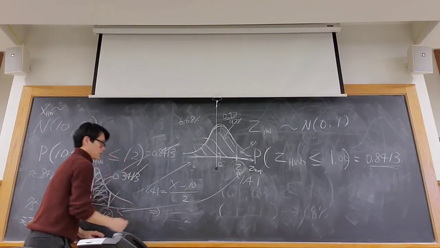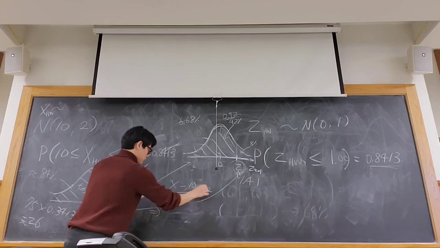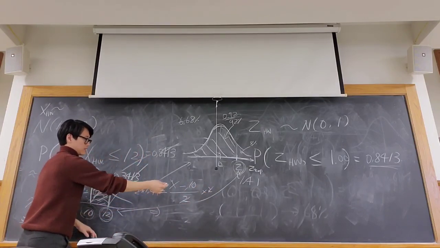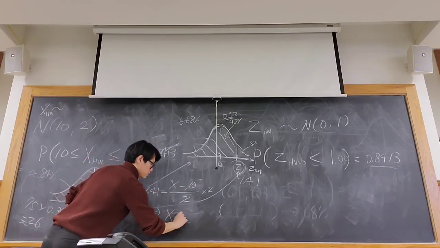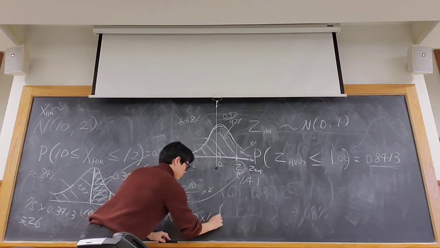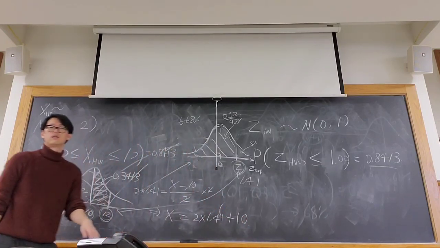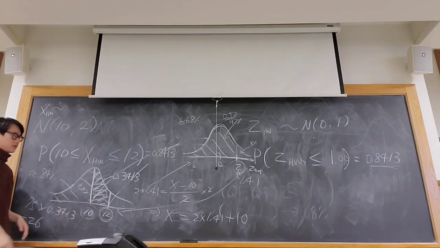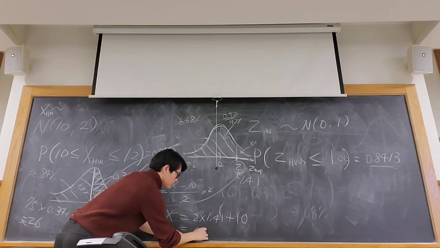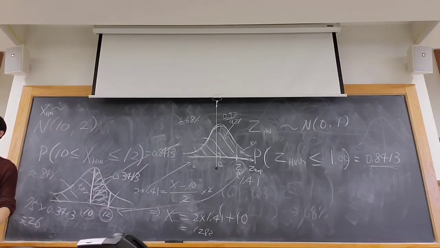So we just multiply by 2 on both sides, then that will cancel. So x will be 2 multiplied by 1.41 plus 10. Okay. Then you will get 12.82. Does it make sense?